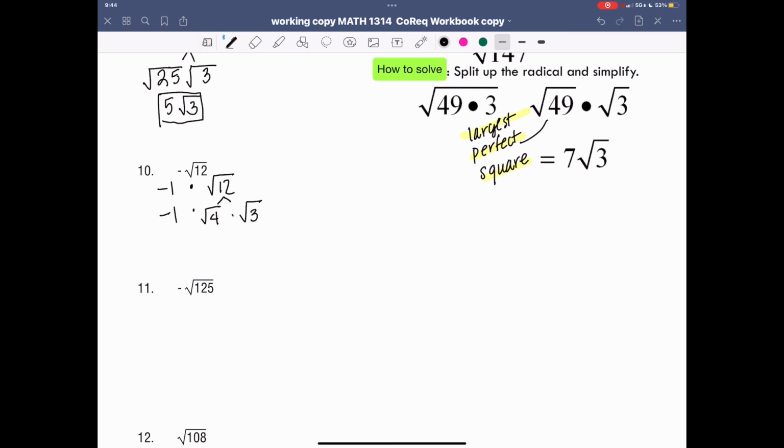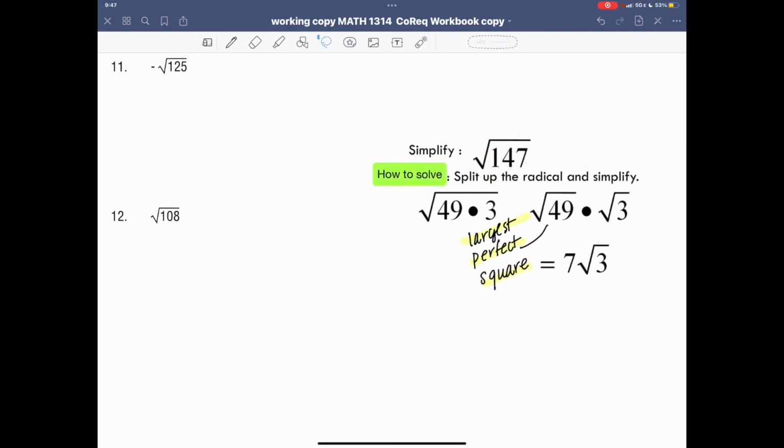So we've split up the radical. Now we're going to simplify. -1 times 2 times radical 3. We cannot find the square root of radical 3 because it'll give us a decimal, and we don't want decimals in our solution. So our final answer is -2 radical 3.